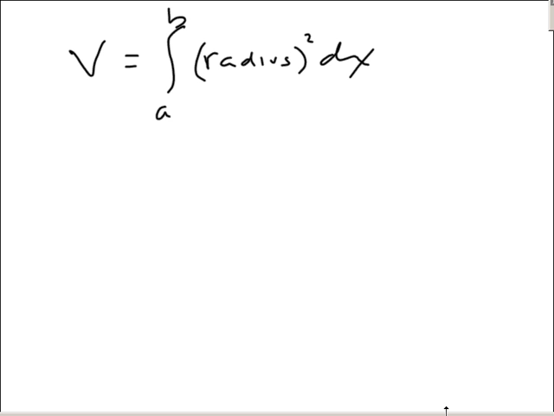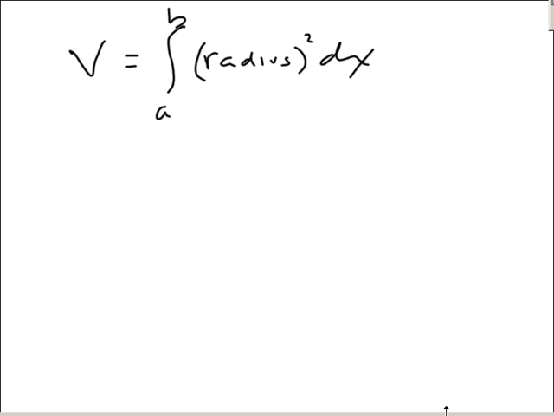Alright, we're going to work on the disk method. The volume, when you do the disk method, is the integral as x goes from a to b of, I guess I'll call it, pi times the radius squared dx.